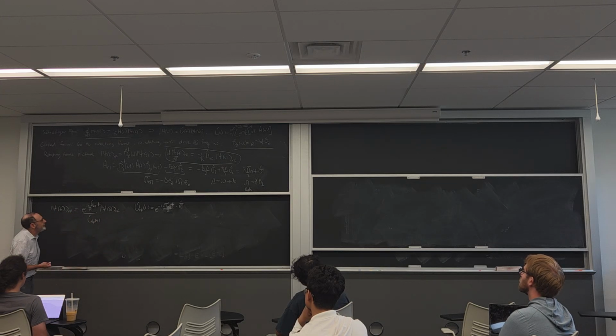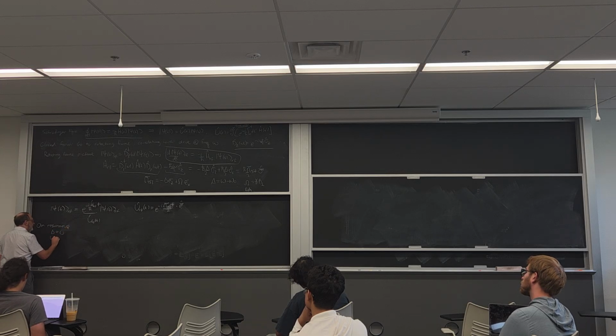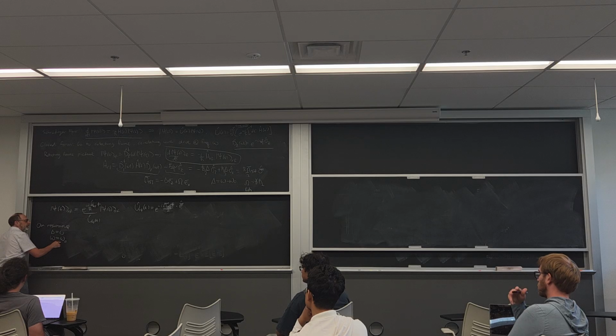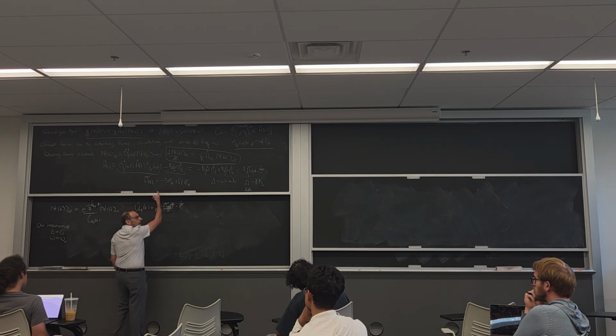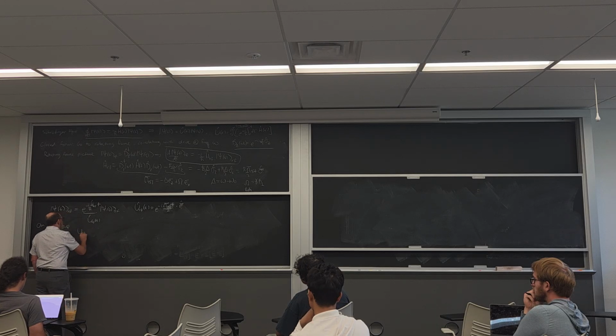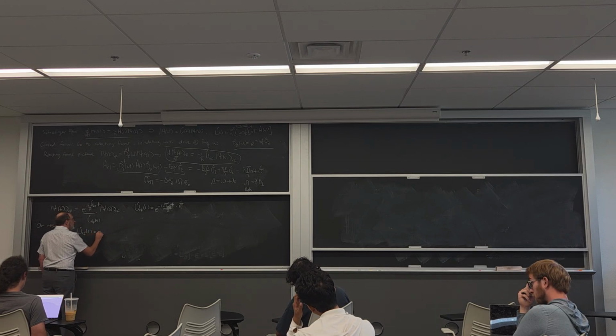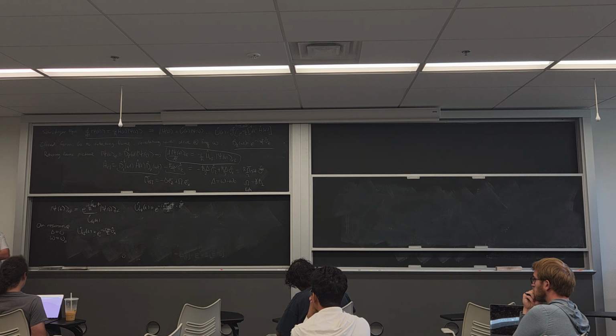So let's take a good look at this thing again. So let's consider the case that I'm on resonance. On resonance means the detuning is 0. That is to say, the drive frequency is equal to the resonance frequency. Then in that case, delta is 0. And the time evolution operator then takes the form e to the i omega t over 2 sigma x, right?